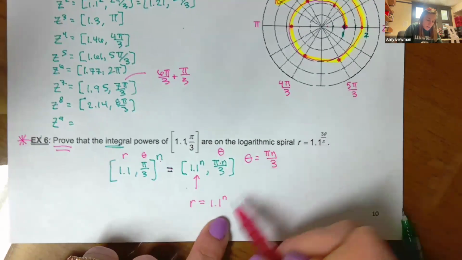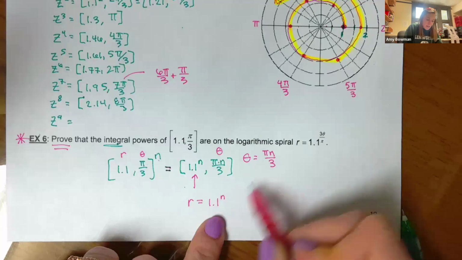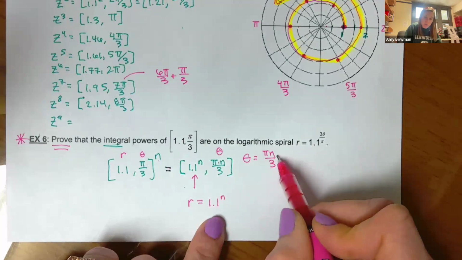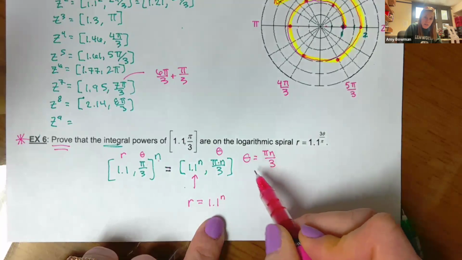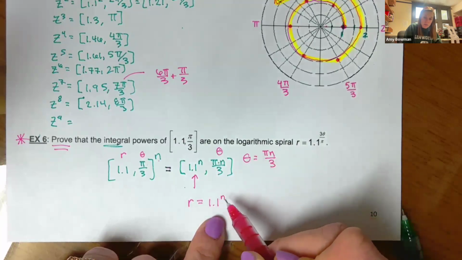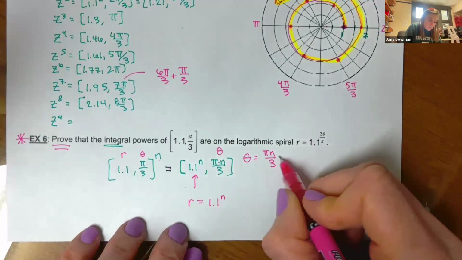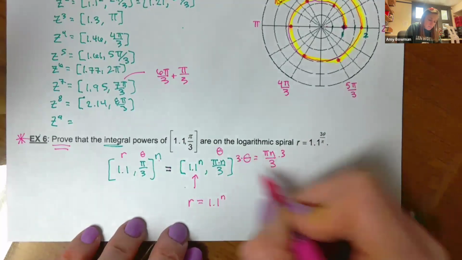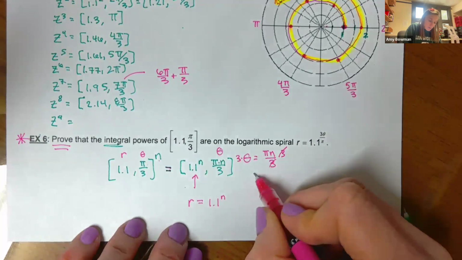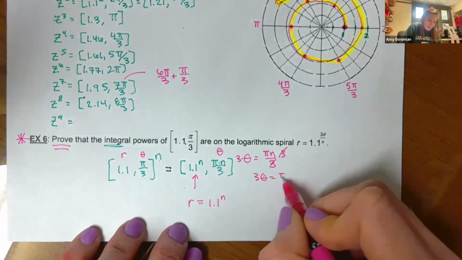So all I need to do here is rewrite this equation in terms of n. So I want to solve for n here and then just substitute it in. The result is going to go in right here. So I'm solving for n here. I would first multiply by 3, so that I end up with 3 theta equals pi n.